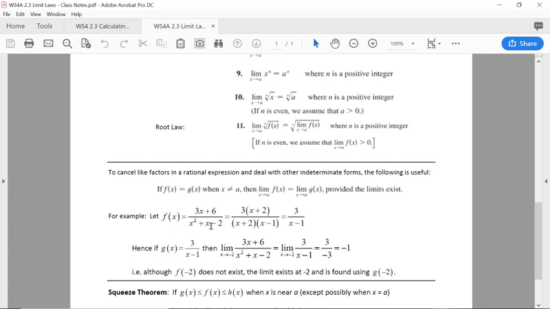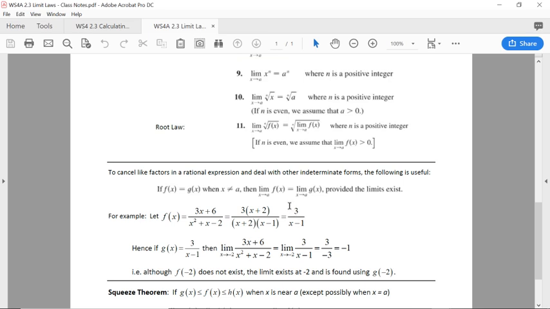It would also have a vertical asymptote at x equals 1, and it would also have a horizontal asymptote at y equals 0. But in addition to that, the graph of f of x would have a hole in it, and that hole would be located where x is negative 2. Okay, the graph of y equals 3 over x minus 1 doesn't have that hole.